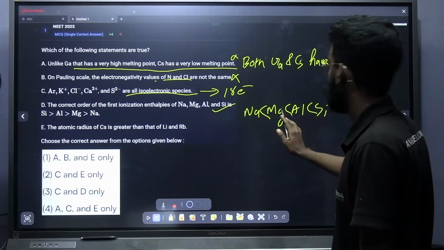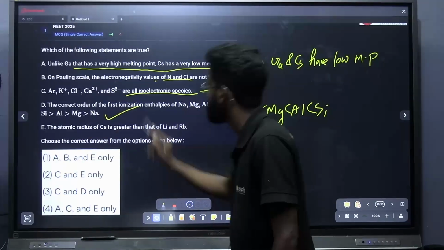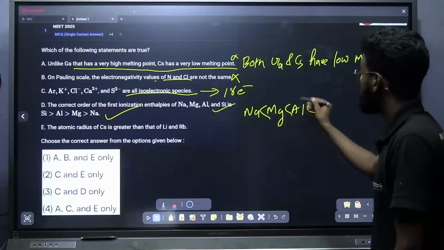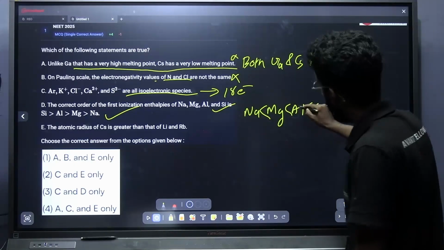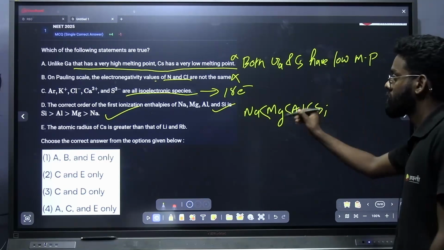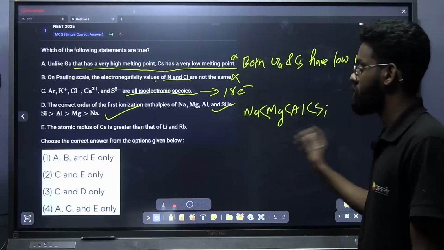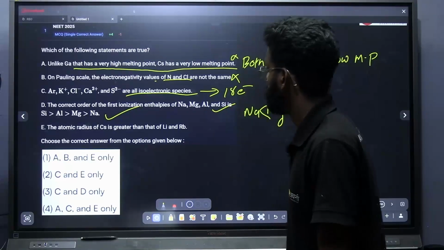You can see, is it the same order? Yes, silicon comes first, then aluminium, then magnesium, then sodium. This is the correct one. Here there is no exception, because experimentally the value of first ionization enthalpy of aluminium is greater than magnesium. But there is an exception in the second period, but in the third period there is no exception. This is the correct statement. So option D is correct.